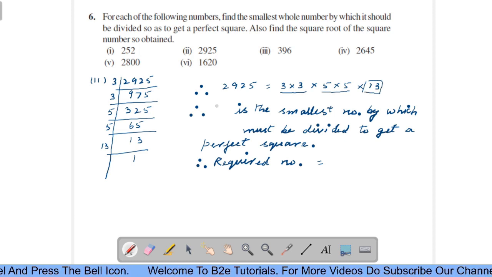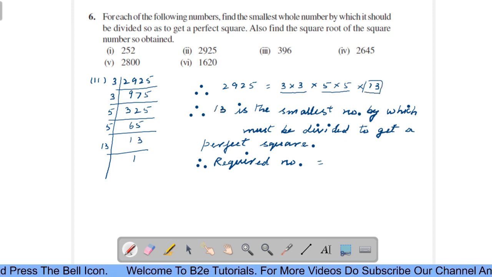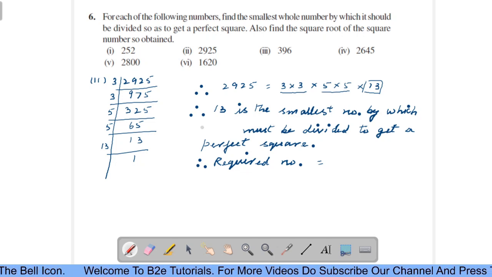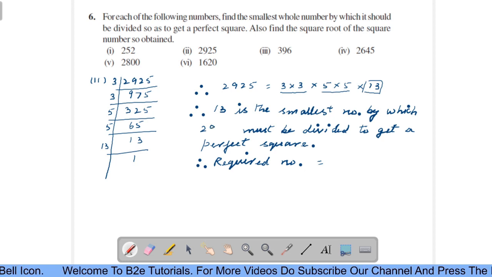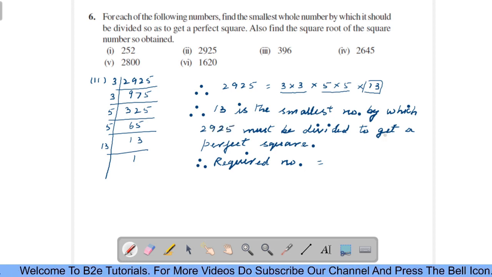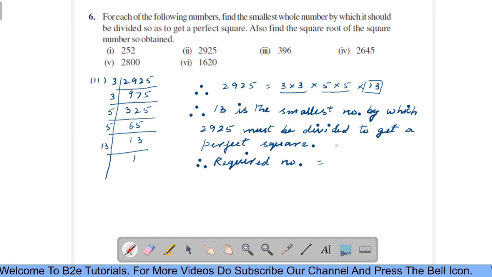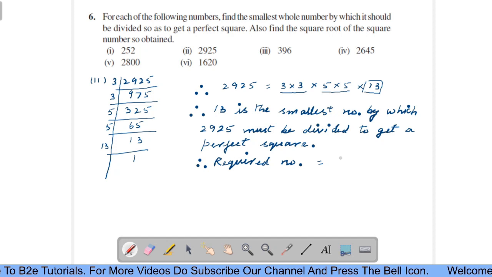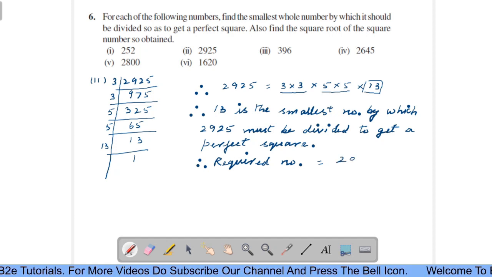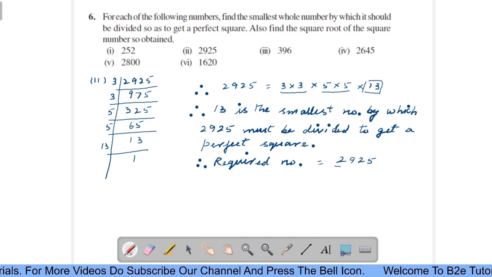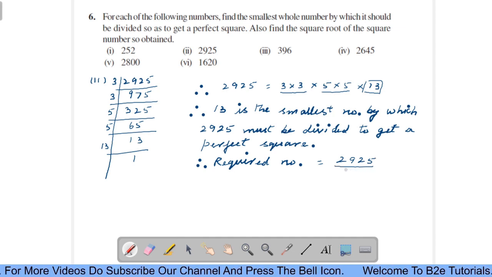Therefore 13 is the smallest number by which 2925 must be divided to get a perfect square. Therefore required number equal to 2925 divided by 13.